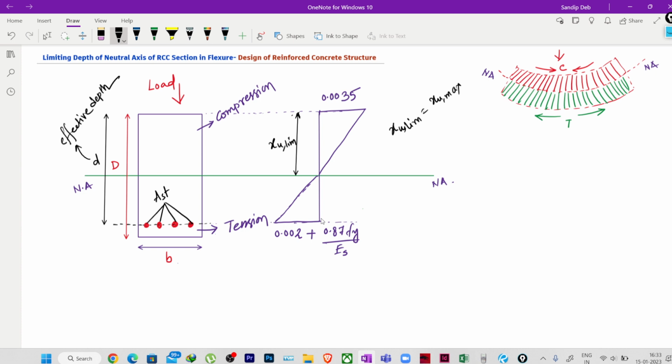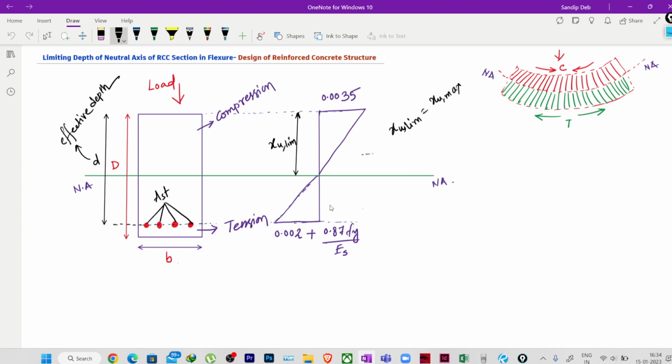So that is called an under reinforced section. In that case, the neutral axis will be above here somewhere. It will not be at the Xu max position, it will be above here. So the strain in the steel will reach its maximum limit before the concrete reaches its maximum strain limit.